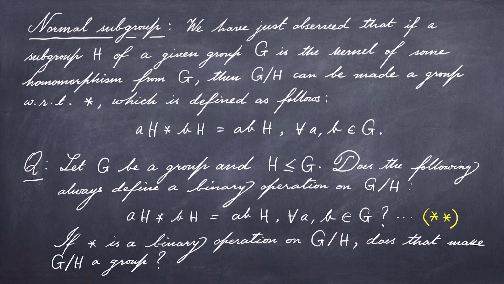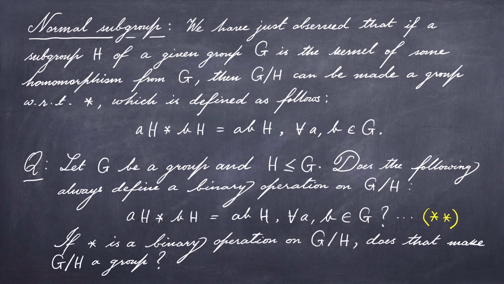So it's a very natural question: for which subgroups are we going to have a similar phenomenon? Let me repeat. We have observed earlier that if the given subgroup H is the kernel of some homomorphism, then G mod H forms a group with respect to the operation defined like this.